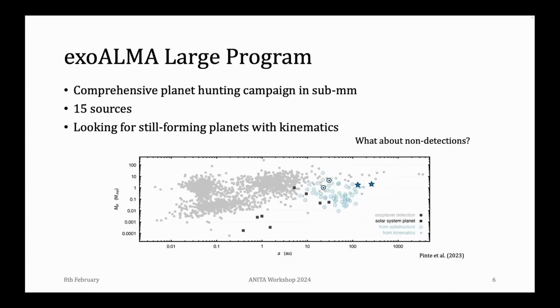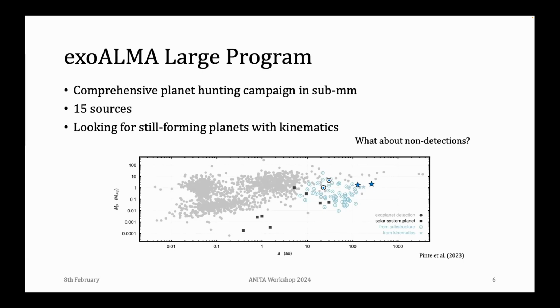I'm part of the ExoALMA Large program, which is a comprehensive planet hunting campaign in the sub-millimeter, the first of its kind to take really deep observations and look extensively for these kinematic signatures of young planets. There are 15 sources in the sample, and we're looking for still forming planets with disk kinematics.